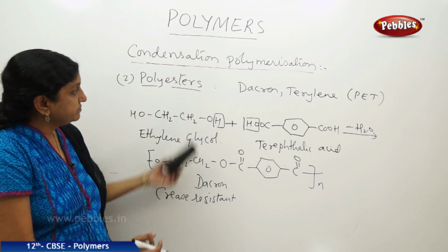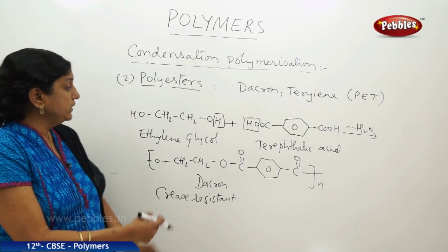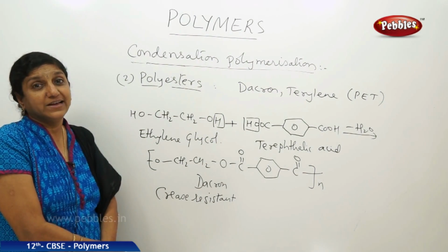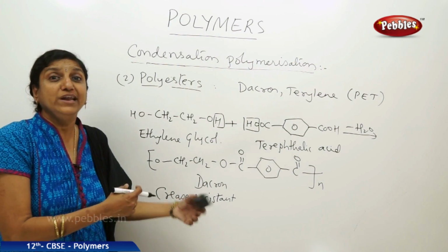And so, this is one example of the condensation polymerization between a diol and a dicarboxylic acid. So, an alcohol and an acid group on condensation give you an ester group.